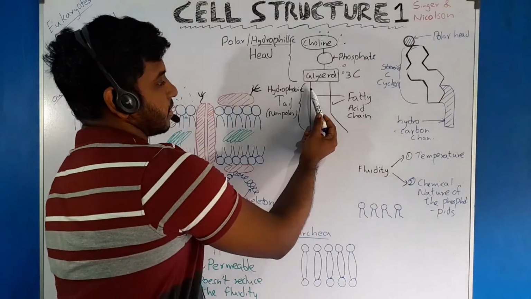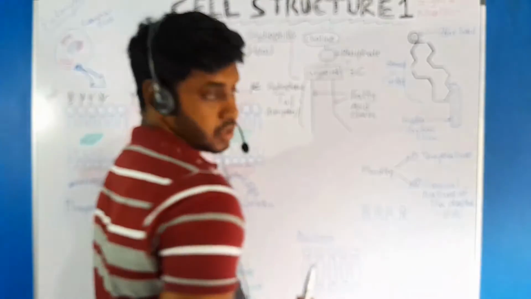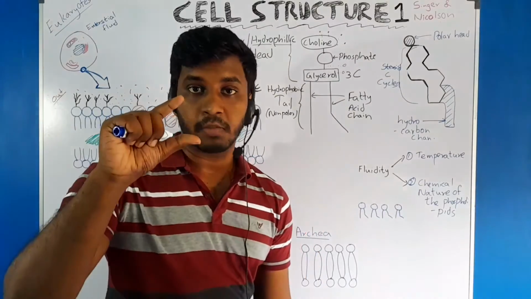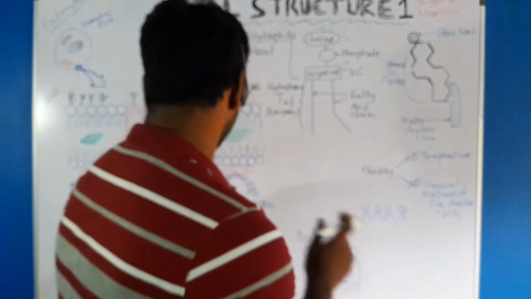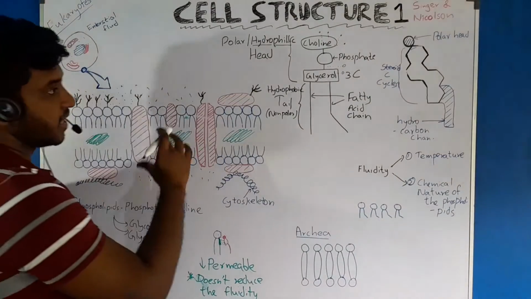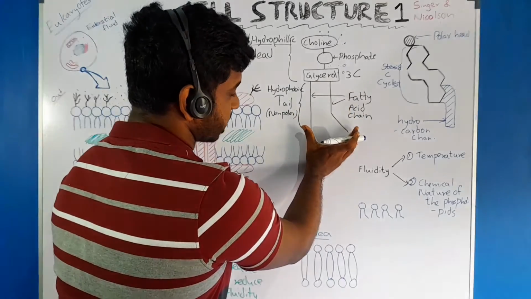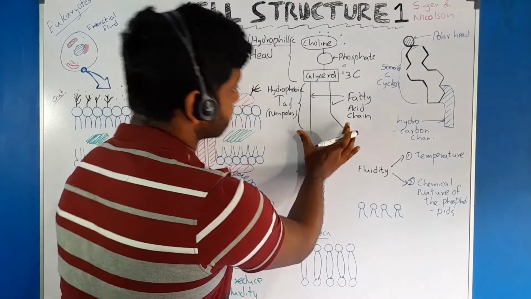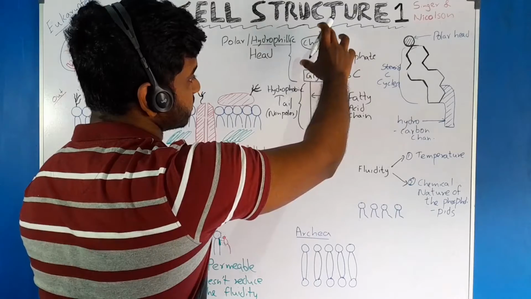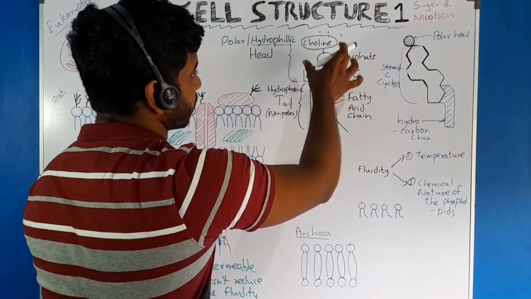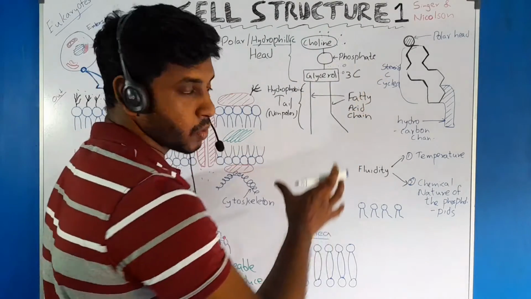When these fatty acid chains of phospholipids become short, you have to understand there are various types of phospholipids. There are various types of fatty acid chains combined with different types of glycerols, cholines, and phosphate groups.